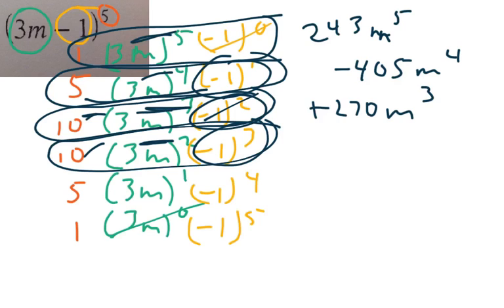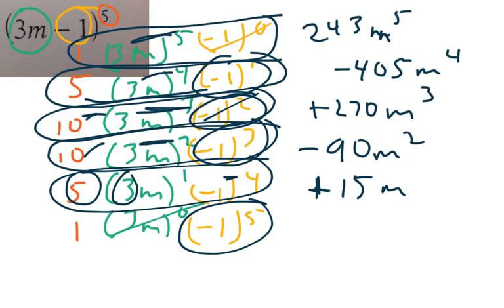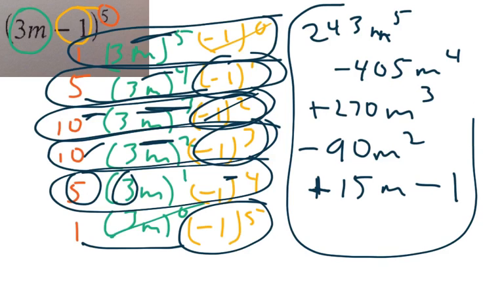So negative 9 times 10 would be a minus 90 m squared. Next row, notice the negative 1 to the 4, which is positive 1, times the 3 times the 5 is a 15m, so plus 15m. And then finally, negative 1 to the 5 is negative 1, times with 1 is still a minus 1. So this right here, guys, would be my resulting expression.